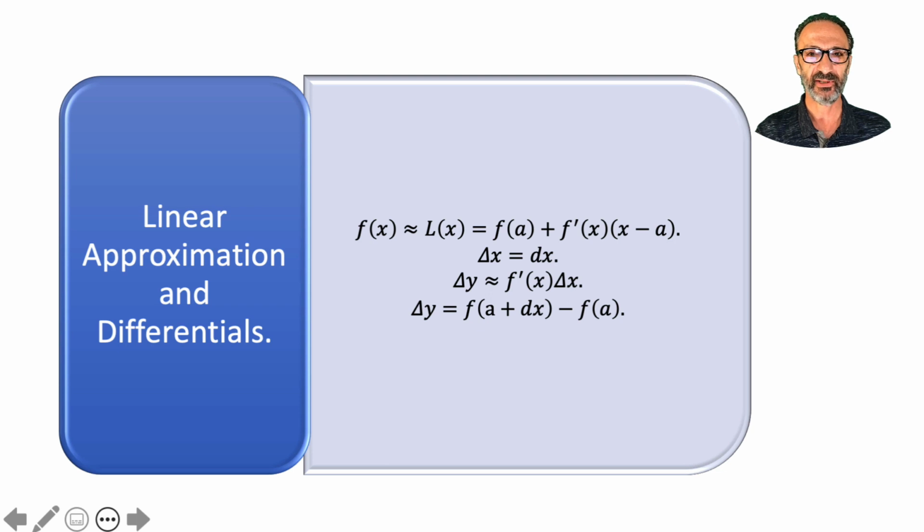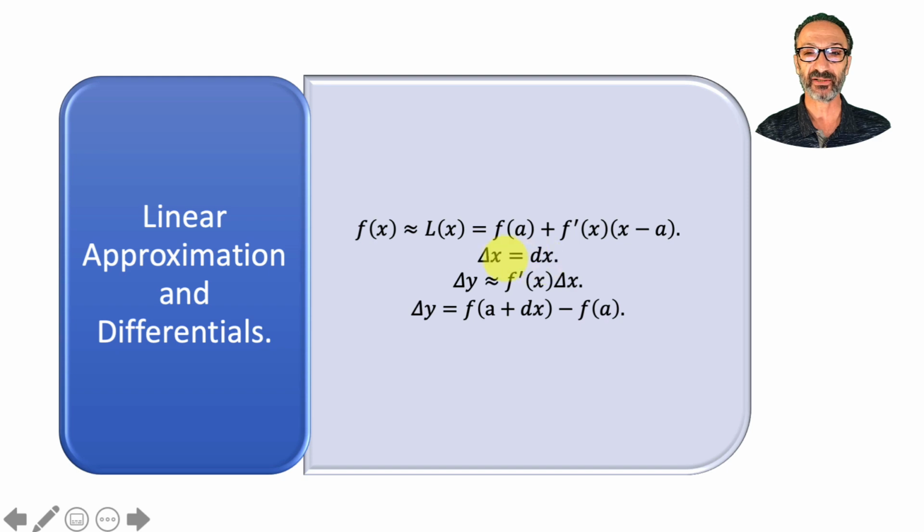Let's get started and let's talk about linear approximation and differentials. I'm gonna talk about a few things. These are the focus keywords, let's say topics, that I'm gonna talk about. We're gonna approximate the value of f of x from a line L of x, and that's gonna be f of a, the point that we are considering the tangent to be at, plus some difference, f prime of x multiplied by x minus a.